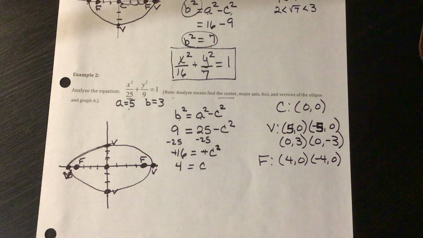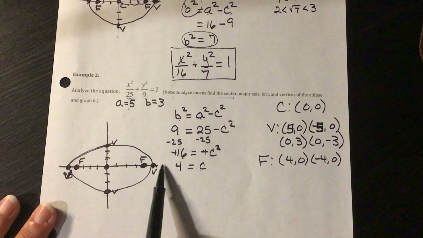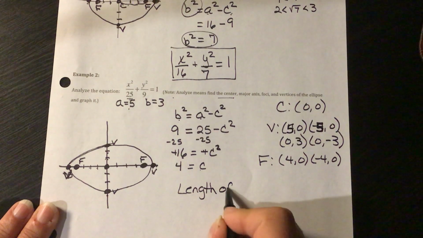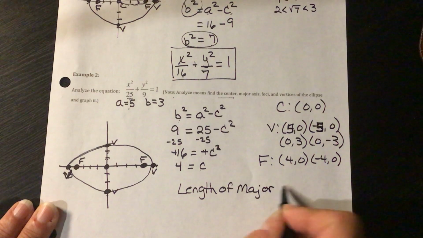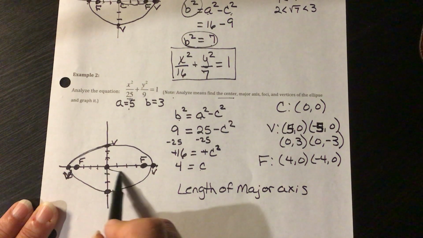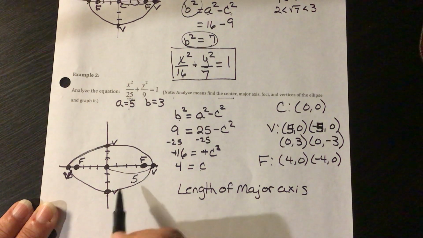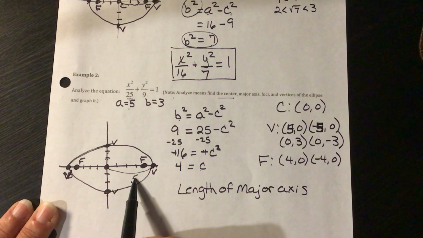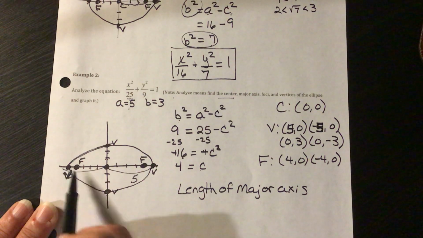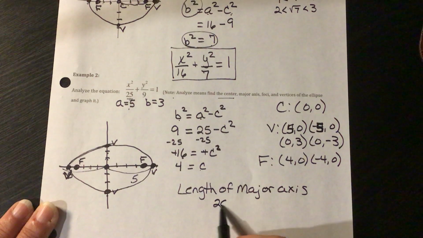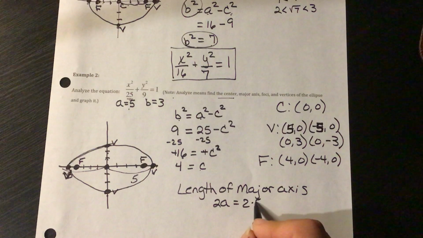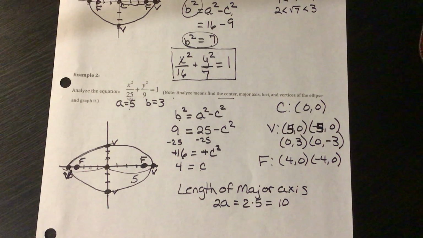Another thing they might ask you is the length of the major axis. Now, if I think about it, from the center to the vertice, this was 5 units. So the length of the major axis is going to be 5 units here and 5 units here, which is 2 times a, which is going to be 2 times 5, which is 10.